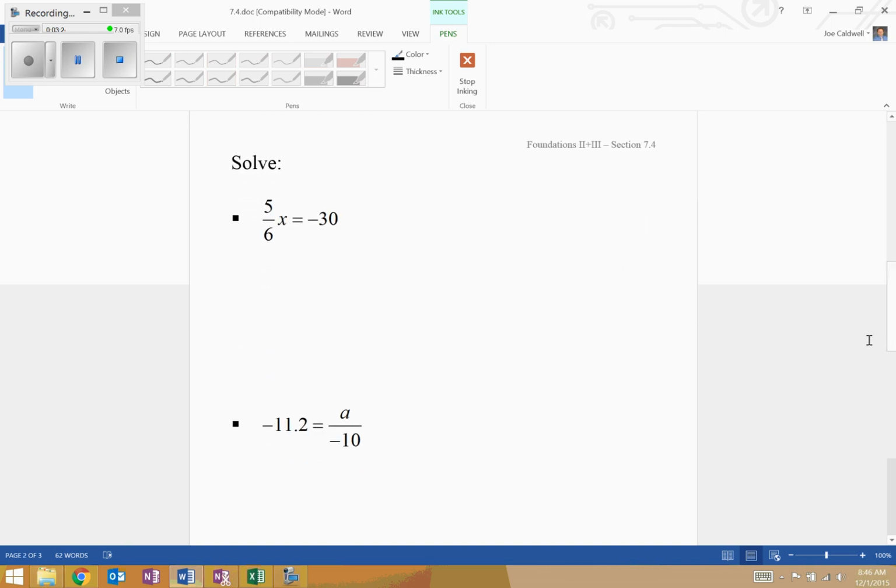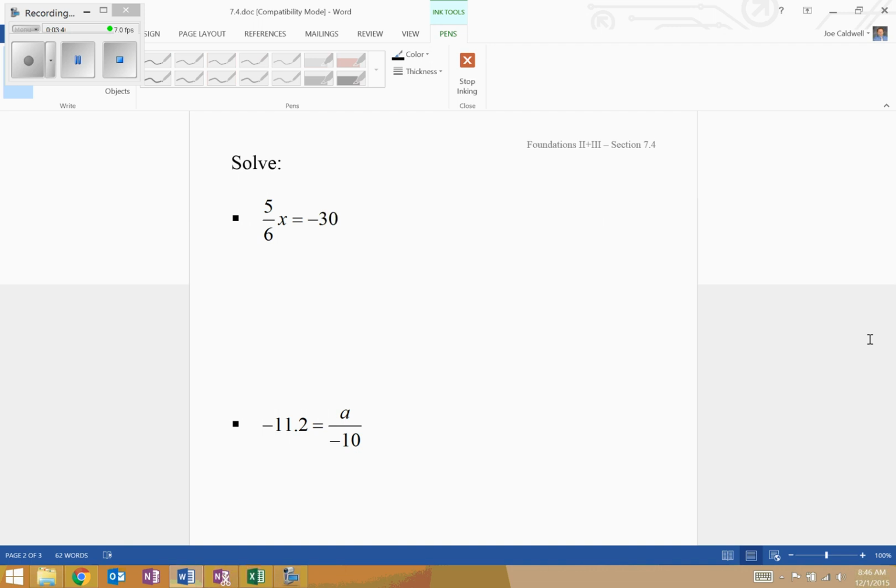All right, when you're dealing with fractions, we need to remind ourselves of some fraction rules. So this is technically being multiplied, right? So 5/6 times x is what's happening. So we need to divide both sides by 5/6. But let's remember that we can't divide fractions.